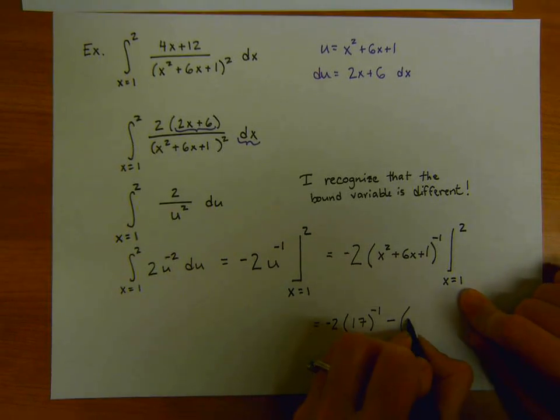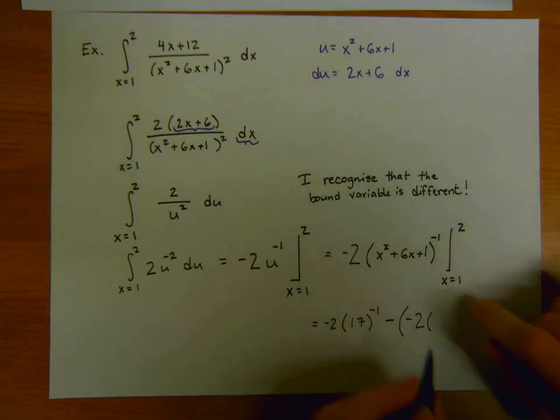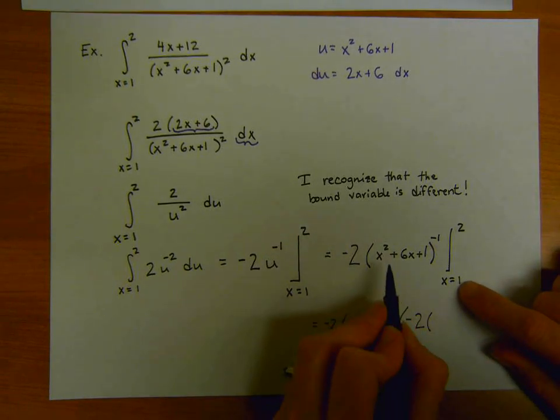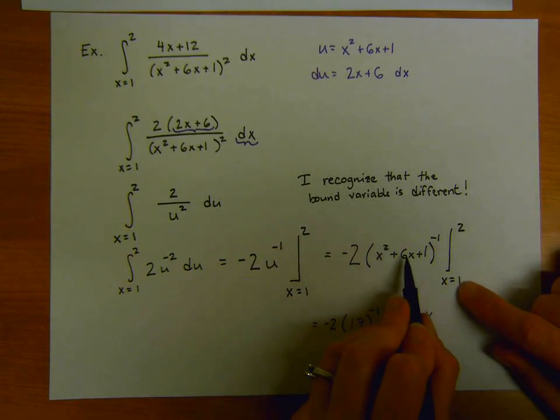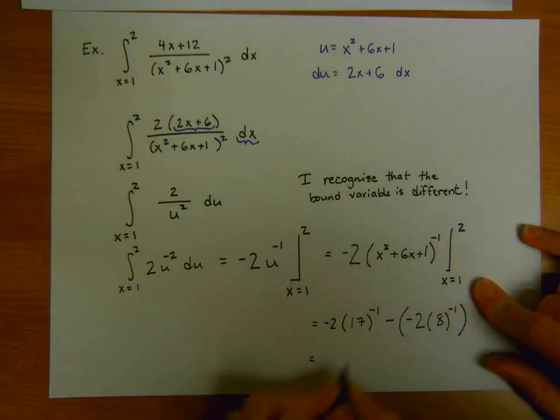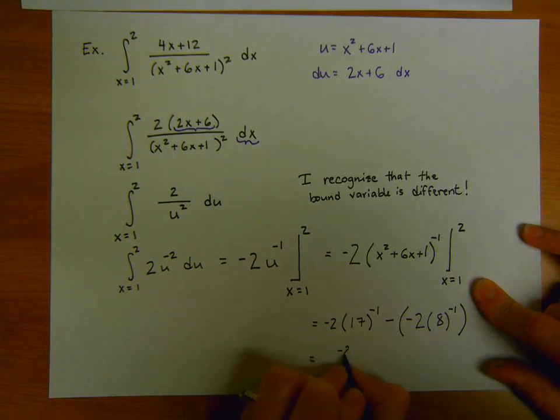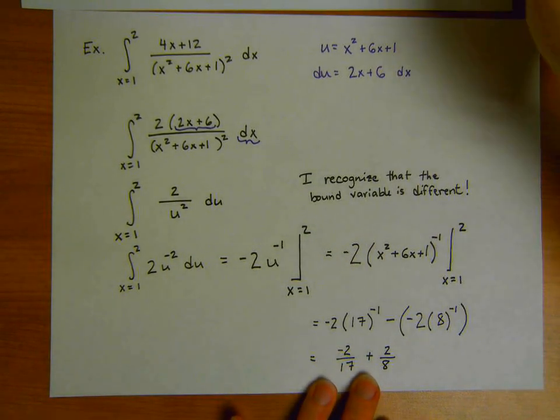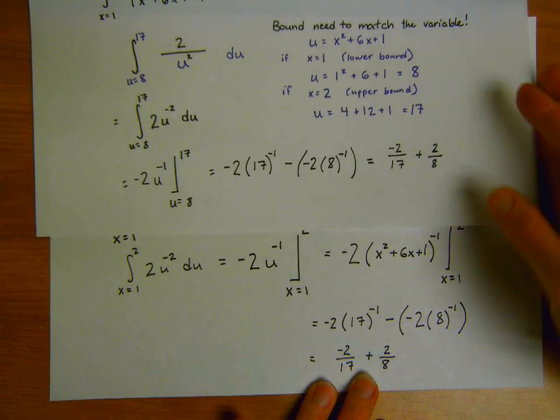I'm subtracting negative 2 times 1 squared plus 6 plus 1, which is 8, to the negative 1. And simplifying this, I get negative 2 17ths minus a negative 2 eighths, which is the exact same answer that we got before, just using a slightly different method.